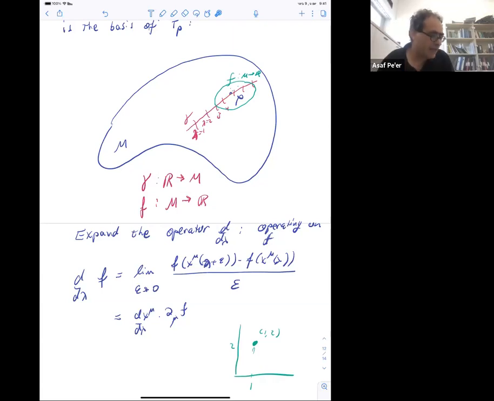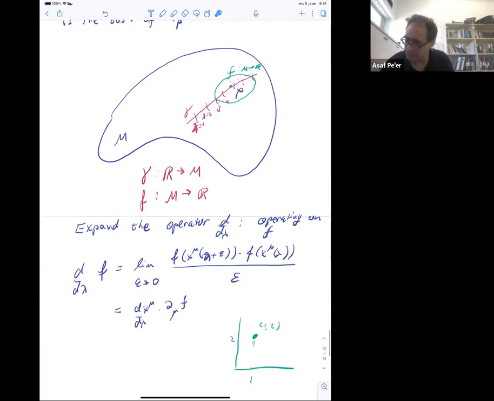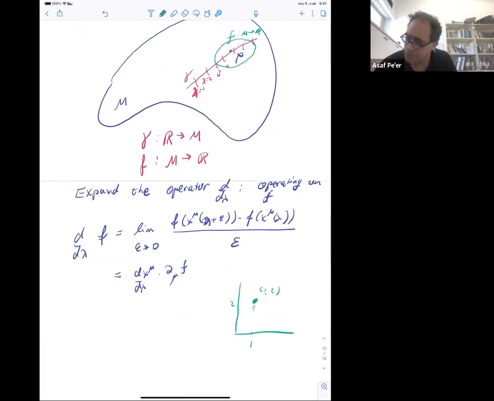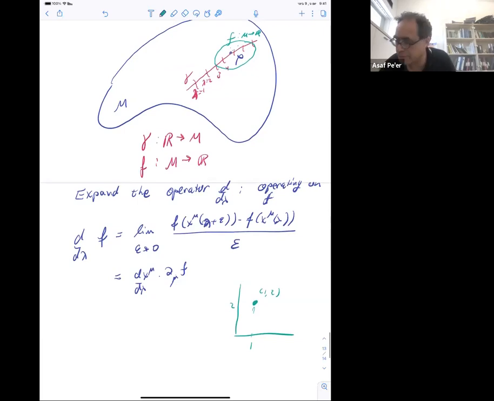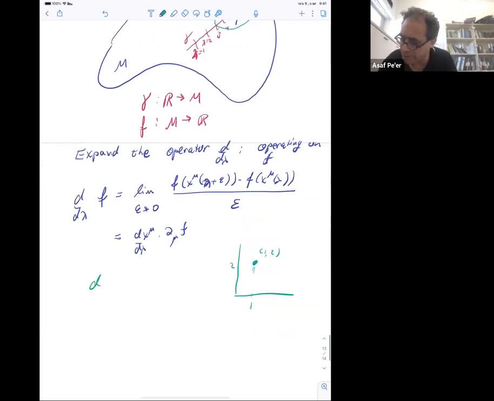So the end result of all this long story: I did it with d over d lambda of f, where f is an arbitrary function. It's just dx^μ over d lambda times ∂_μ of f. Since f is an arbitrary function, I can write d over d lambda as dx^μ over d lambda ∂_μ, or d over dx^μ.